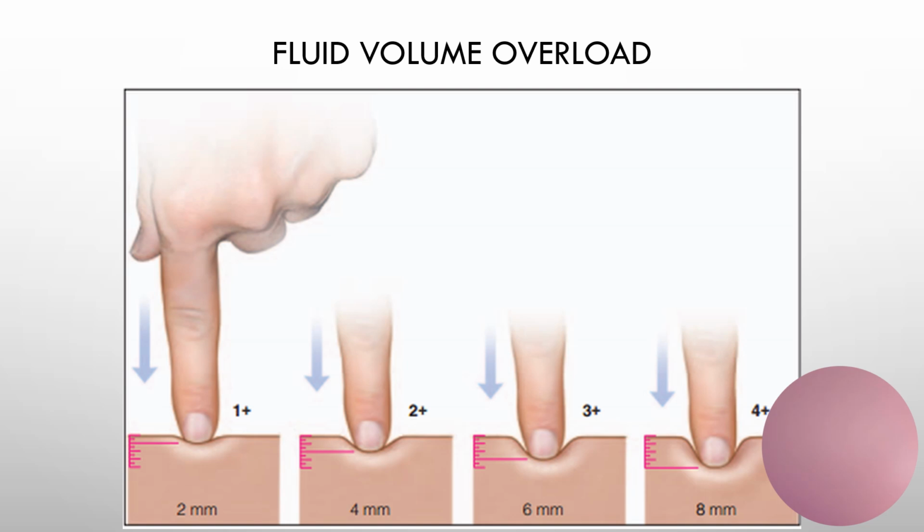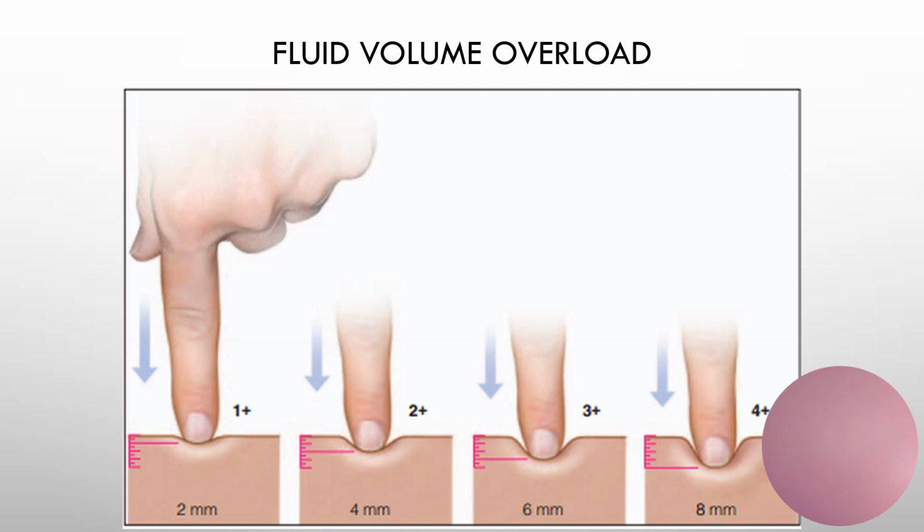Neck veins that are full or distended when the client is upright or semi-upright. We hear crackles or rhonchi in the lungs, and the client has progressive dyspnea, a typical sign of fluid volume overload.